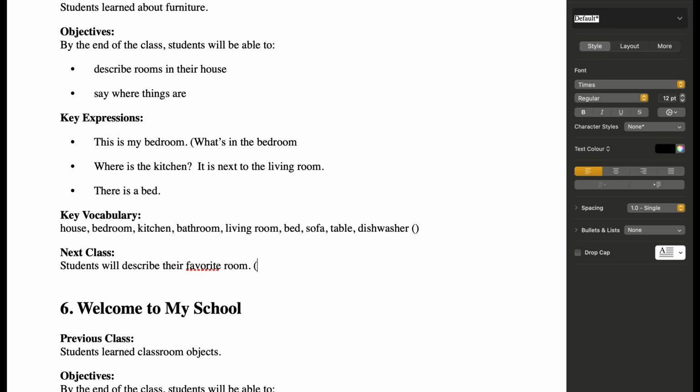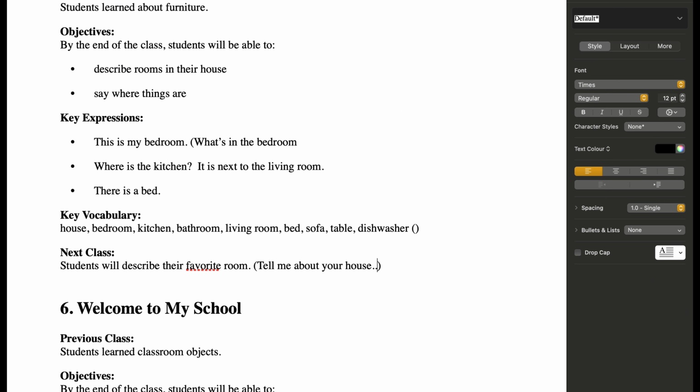Or we're going to do a PPT game where I show the part of the house and they have to say what it is. Or we do a presentation, tell me about your house. They're going to draw a big house on that day and they're going to tell us about their house.